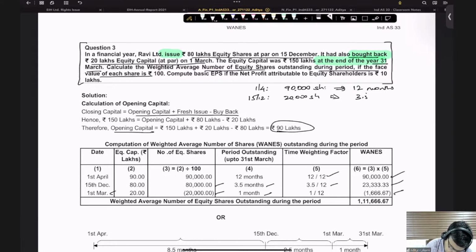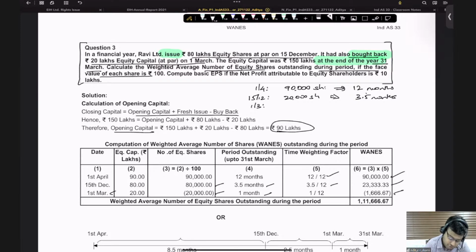These were in existence for 3.5 months. On 1st March, I actually bought back. That means I bought my own shares from the market and extinguished them. I bought the shares for whatever price, but I bought them back. That means these shares, as on 31st March, do they exist? No, they do not exist.